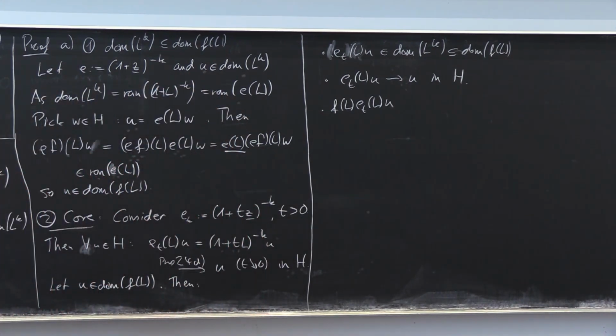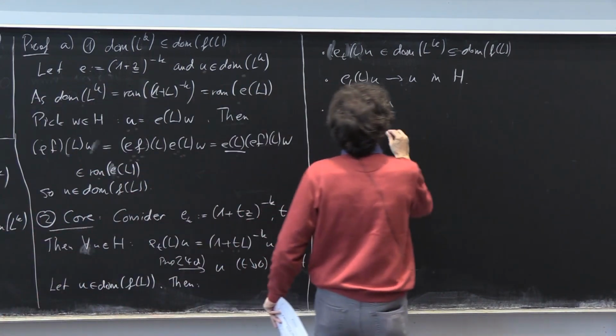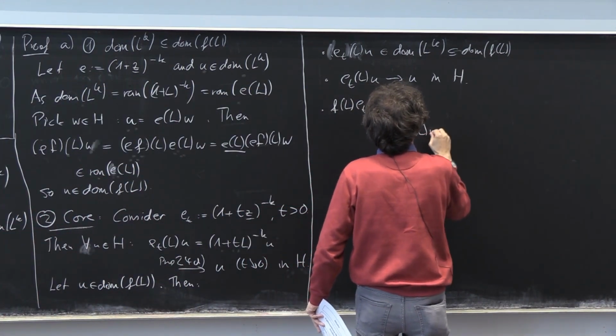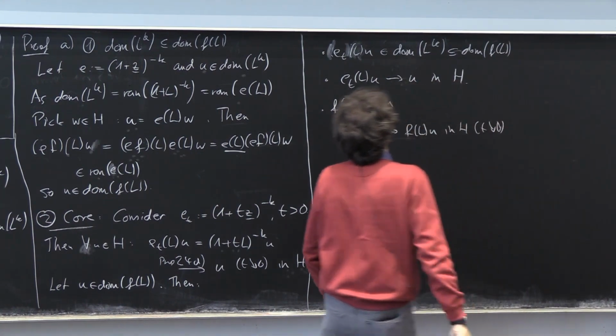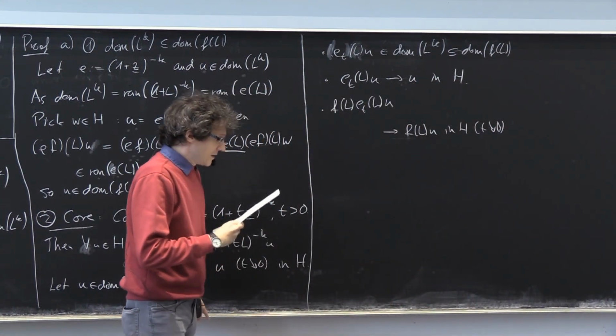Once you have that, both summands in the graph norm converge, so then the graph norm also converges. So the aim is to show this goes to f of L u in H for t going to 0. Okay, why is that the case?